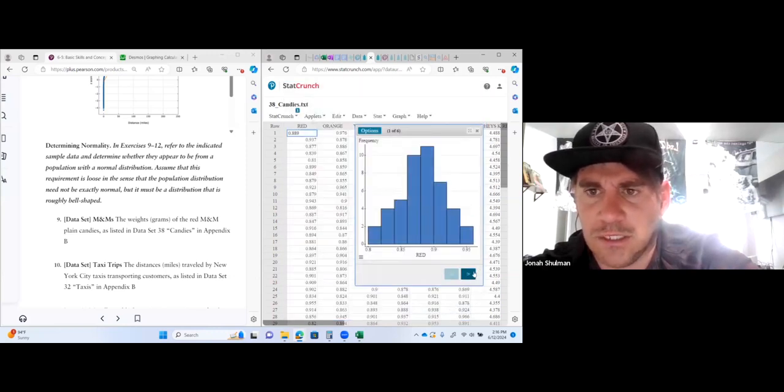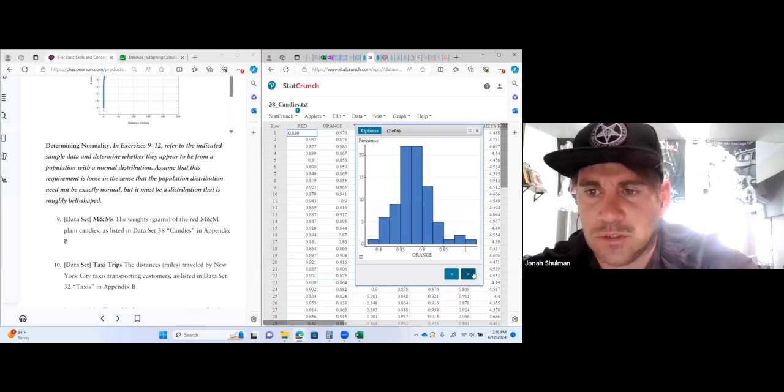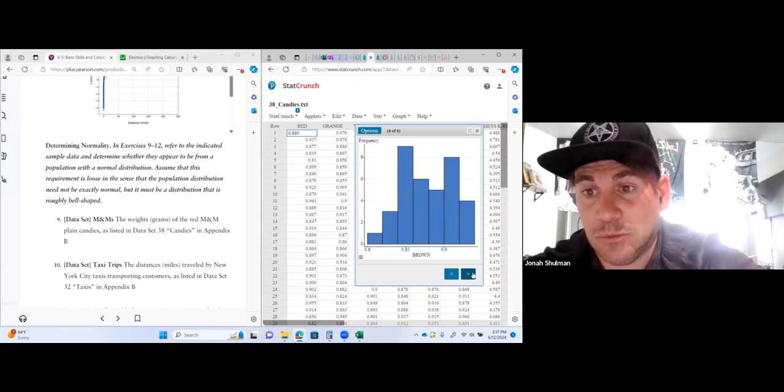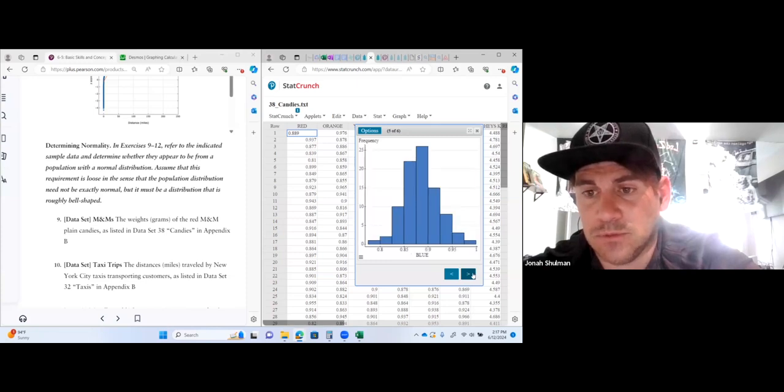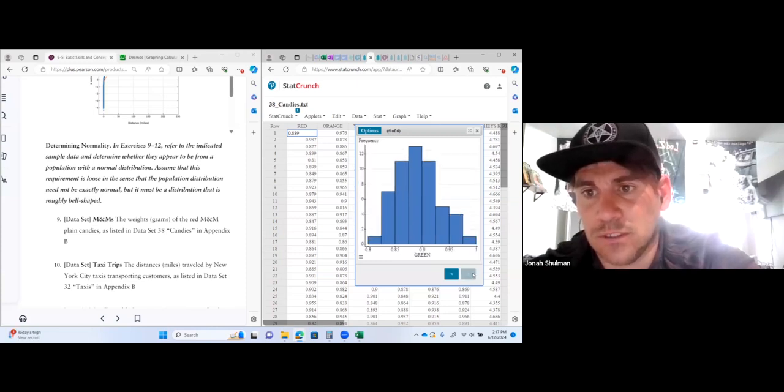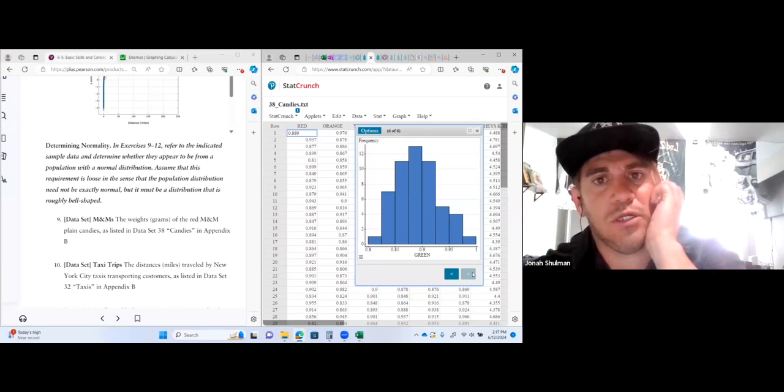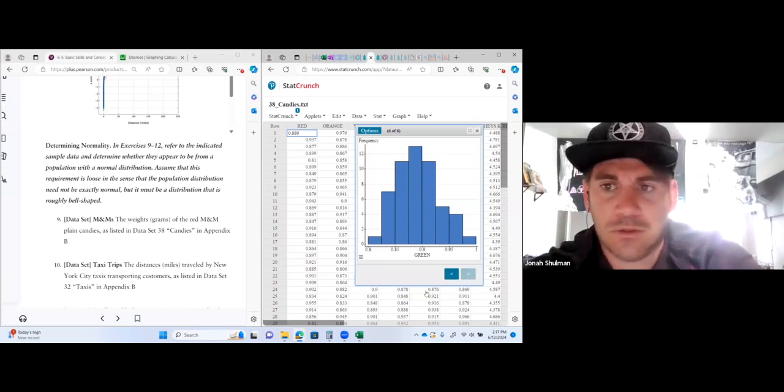Sweet. So red is looking good. Orange is looking pretty good. Yellow's looking good. I don't know about brown, but blue is looking good. And green. So they're all looking pretty much like histograms. I'd put all these charts in.